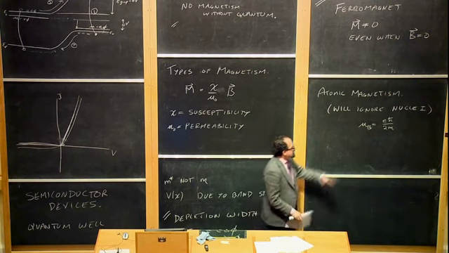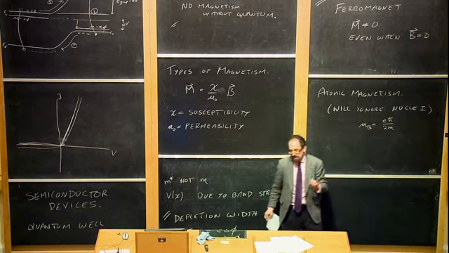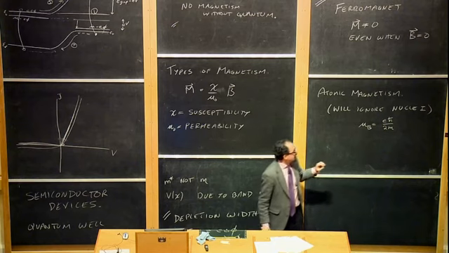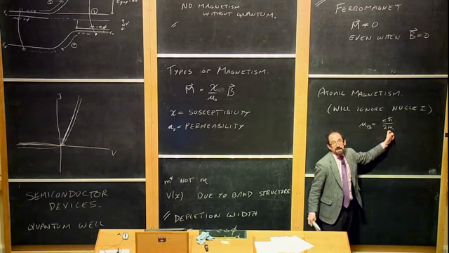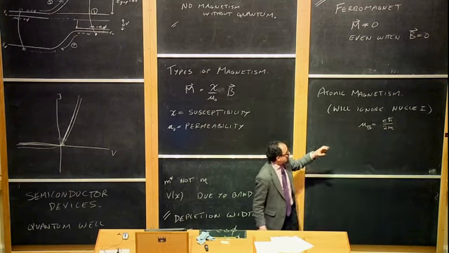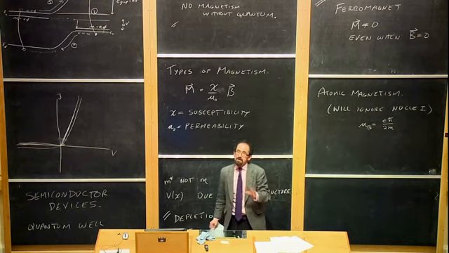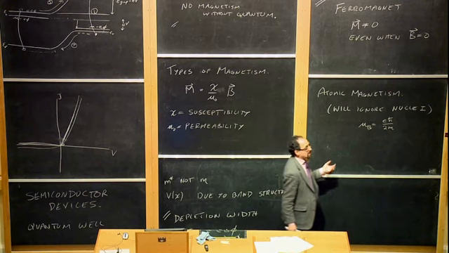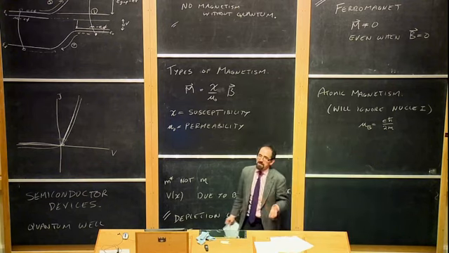For an electron, this is roughly, up to the g factor, the magnetic moment of an electron. It's similar for a nucleon, a proton or a neutron, but the mass that enters in here is bigger by a factor of 1,000 or 2,000 or something. So the magnetic moment that you get from a nucleus is much smaller than the magnetic moment you get from electrons. And that's why we're usually not concerned with the magnetism of nuclei.